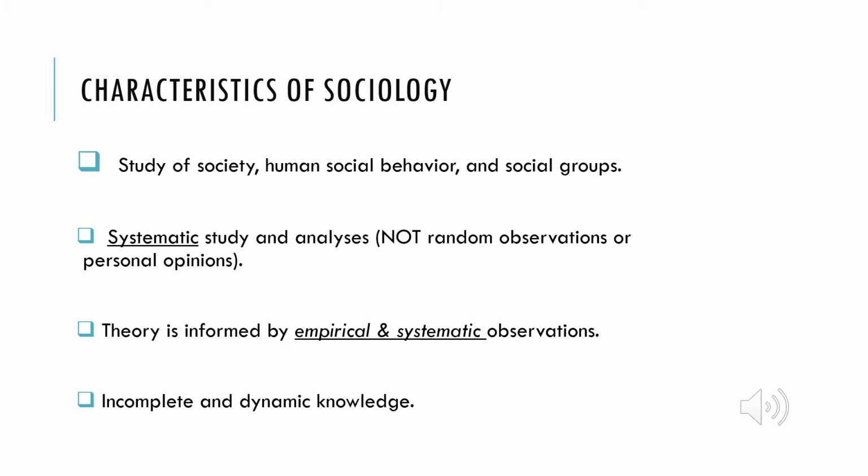Much of it is, however, because our institutions change, laws change, cultural norms change, right? And this is why the study of sociology is always going to be necessarily incomplete and dynamic.